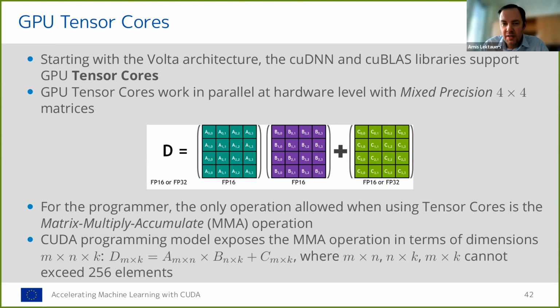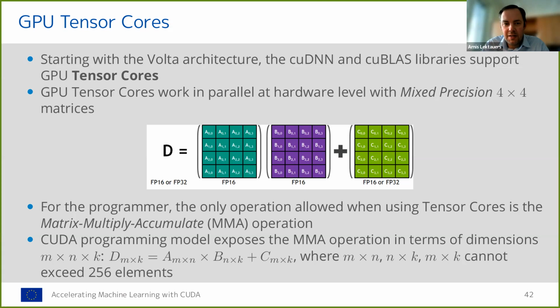As I already mentioned shortly, starting with the Volta architecture, GPUs have built-in support for computing matrix operations. A common matrix operation for deep learning tasks is the multiplication of two matrices.